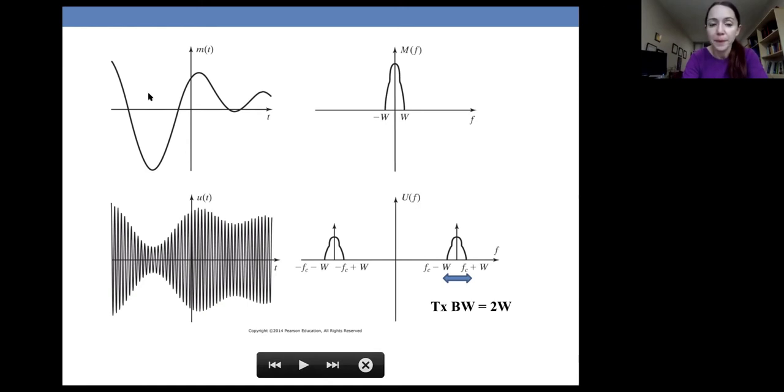It's going to be 1 plus Ka times this negative value. And if Ka is small enough, 1 plus Ka times this negative value is going to be above the horizontal axis. This means that this shape will be exactly replicated as the envelope of the modulated waveform. And that is the key for the easy recovery of conventional AM signals, which is called the envelope detector.